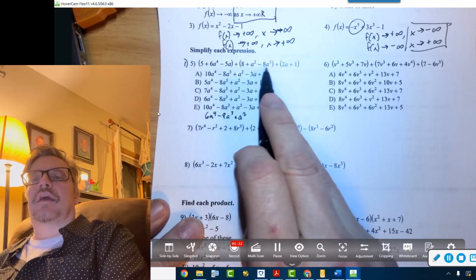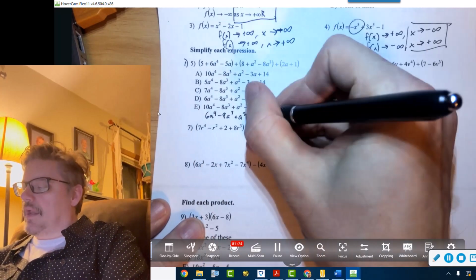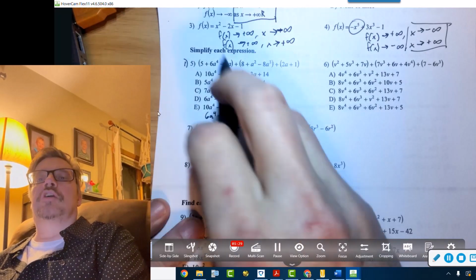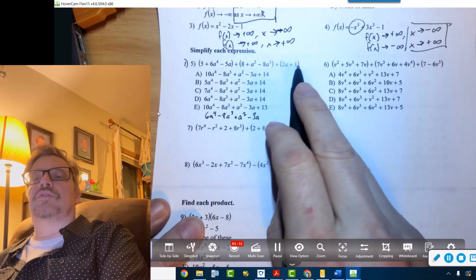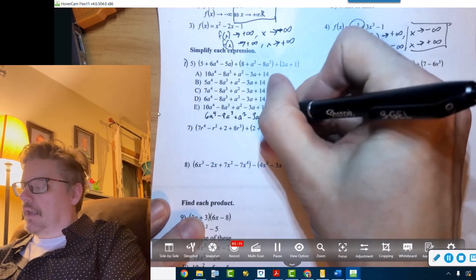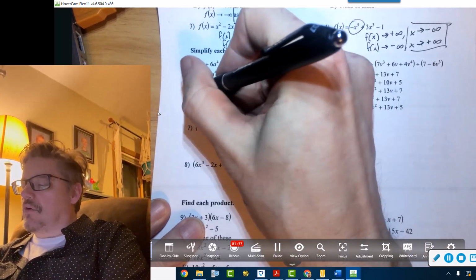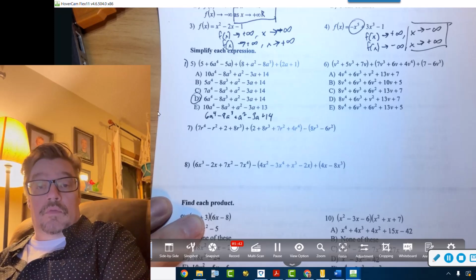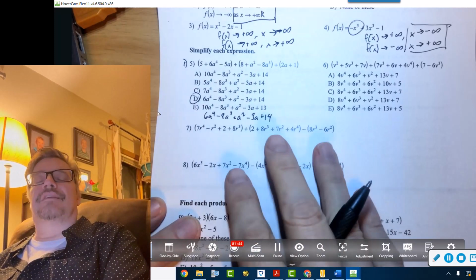Negative 5a and then positive 2a adds up to negative 3a. If the problem was more difficult, you just want to match what you need to. There's a 5, and then there's a 1 and an 8. So 13 plus 1 is 14. That's how we arrive at our answer of D. But just knowing that lead term would have given us the answer.